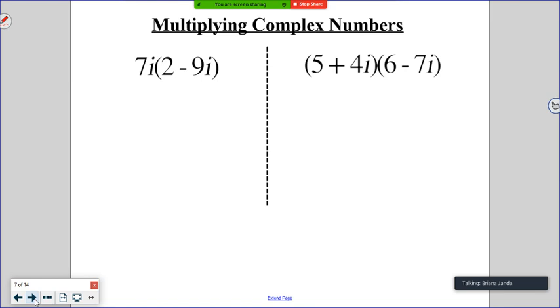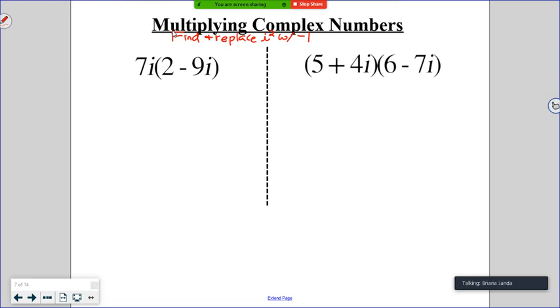The only difference is when we are done, we are going to make sure that we find and replace all I squareds with -1. So when we are done, there should be no I squareds in our answer. That's the only difference between this and what we would have done if they had said x.